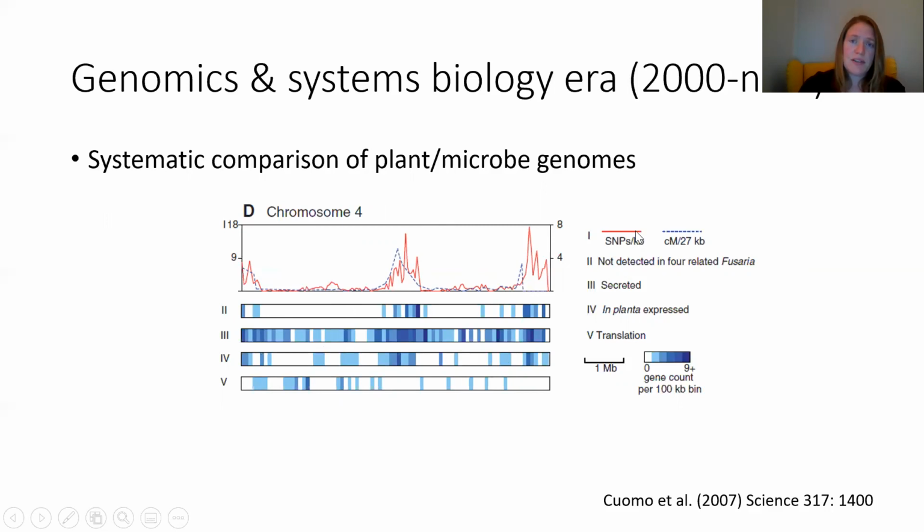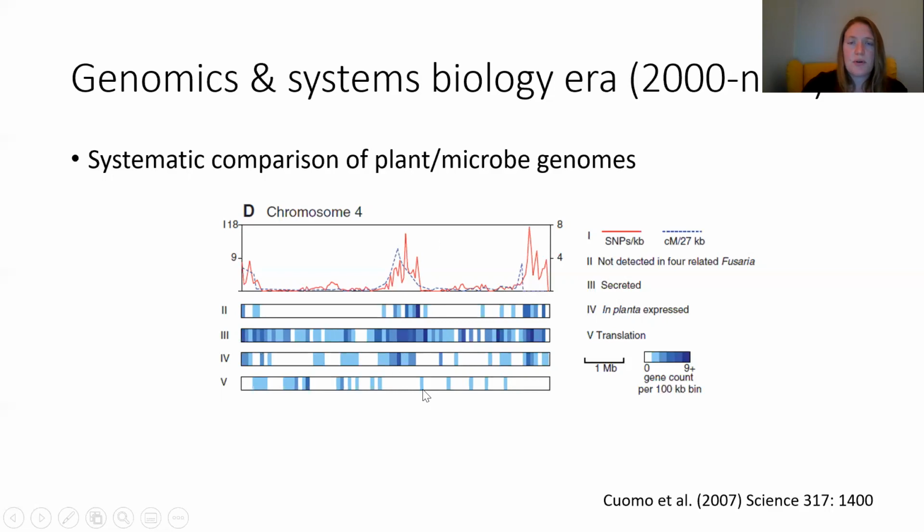And what they do is they map out where genetic mutations lie, and they overlay that on basically the proteins that they know are secreted. So which regions of the genomes correspond with that, which ones are actually produced in the plant during infection, which ones are translated.